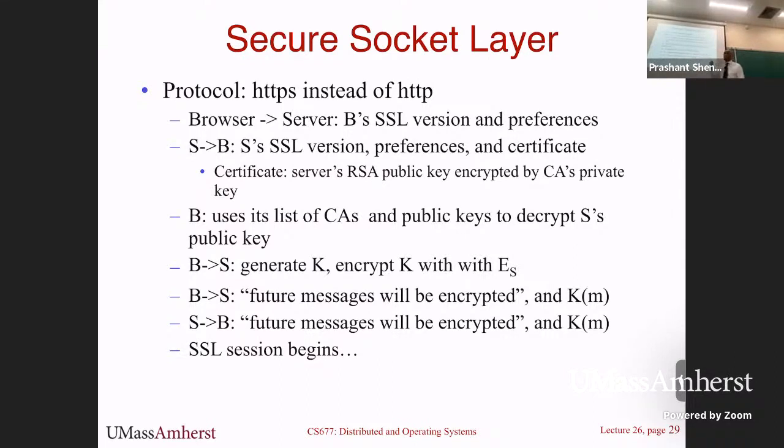The other end will be able to extract that key because it is encrypted with the public key, and then send a message back saying, yes, I got the key and let's start the session. At this point, there's an encrypted channel that's been set up between the browser and the server. Then you just send a regular HTTP request over it. So it just looks like a normal socket, but you have to do all of this to set up the encryption. Any questions here?